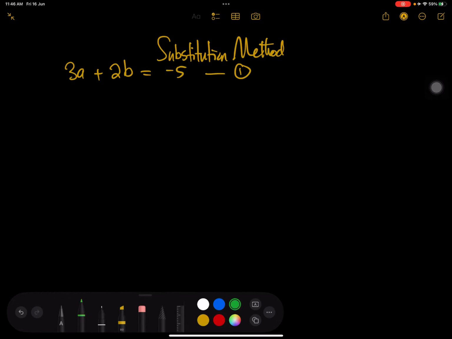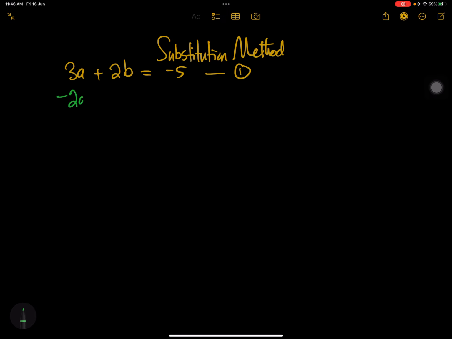And we took the green equation to be negative 2a minus 5b is equal to 3, and that gave us equation 2. The whole goal of the substitution method is to make one of the variables the subject. So we need to find maybe a is equal to something or b is equal to something, and we plug it into one of the equations.